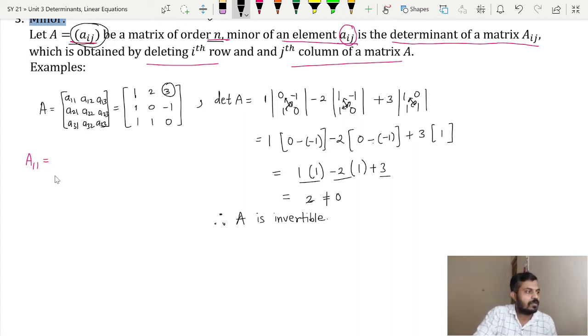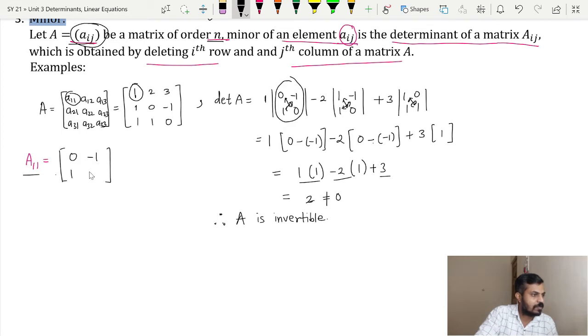Now in order to find the minor of this element A11, in our case A11 is nothing but 1 itself. So we should find the matrix A11. Now what is the matrix A11? It is a matrix obtained by deleting the first row and first column, and exactly this matrix we are going to get: 0, -1, 1, 0.